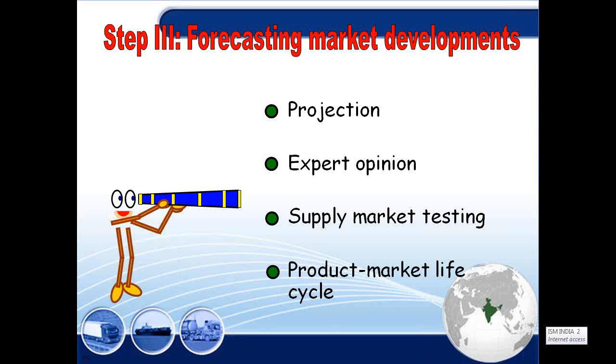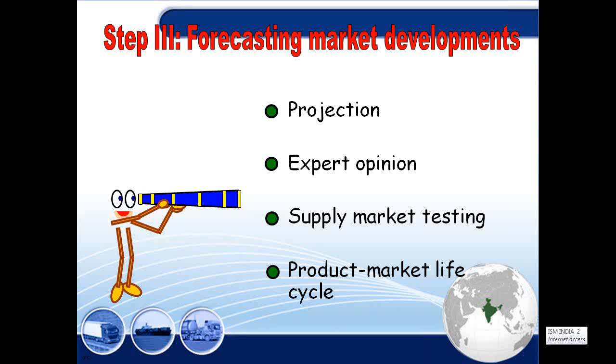Nowadays many consultants and experts are available for a wide range of products, who keep in touch with market trends. You can go to them and ask what the trend of automobiles will be next year, what the trend of pharma will be next year, or what the trend of biometrics is. They can give you expert opinions, and based on that you can work on it. Then supply market testing, and the last is the product market life cycle.